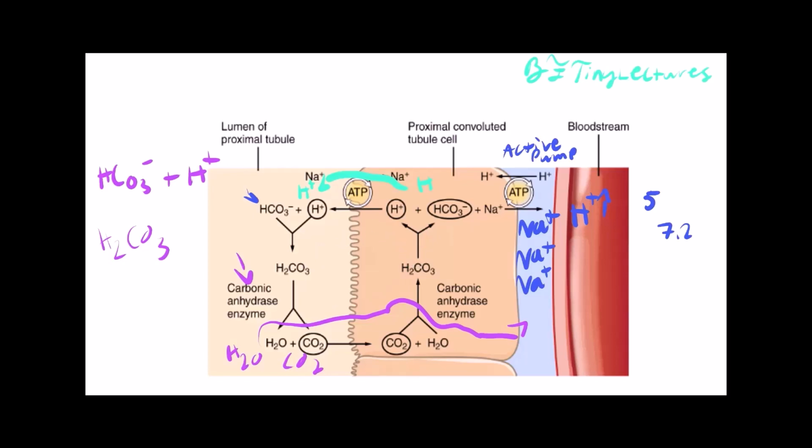So now we have carbon dioxide here. And some of this water, again, is going to join the carbon dioxide. And now we have carbonic anhydrase again creating carbonic acid. And again, carbonic anhydrase is going to break this down to make hydrogen and also the bicarbonate.